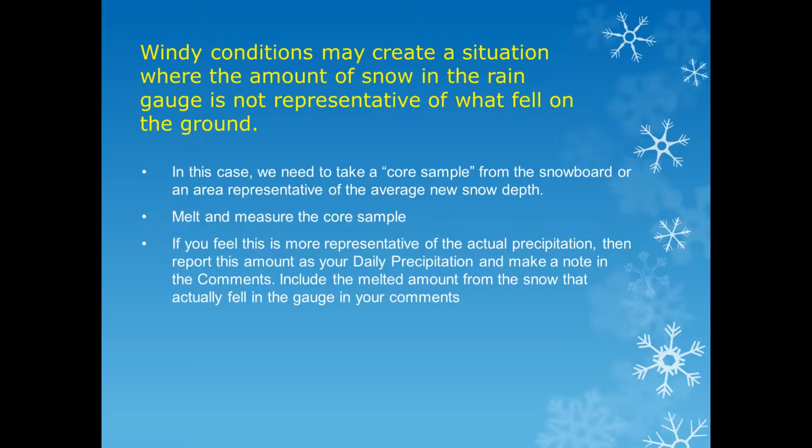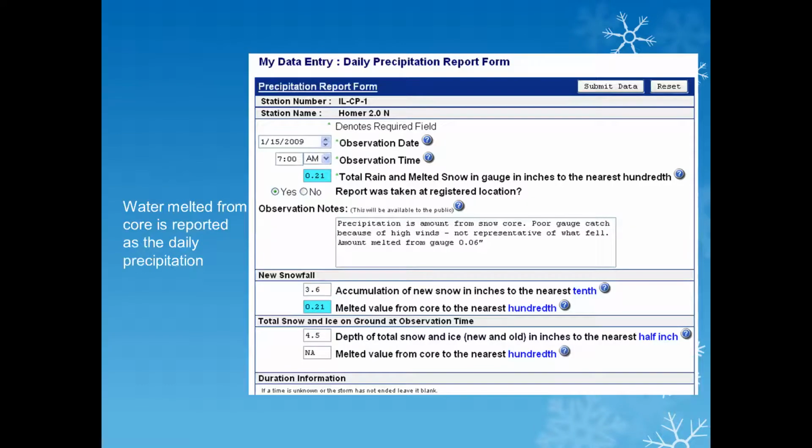Here's an example. Okay, 3.6 inches of new snow, but there's only 6 hundredths in the gauge because of wind. So clearly it wasn't that dry of a snow, because when we took a core sample of the new snow, it was melted down to 21 hundredths of an inch. Well, that is certainly more reasonable than 6 hundredths.